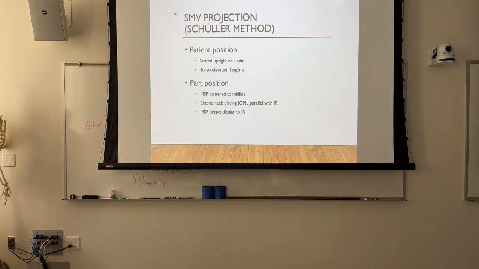And the only thing left is the Schuller's, and then just kind of a little bit of a wrap up of all the projections we're going to see over and over and over again this semester. So the SMV, very, very useful view that shows a lot of stuff. And we've talked about the Towns and the Haas showing us the occipital bone.